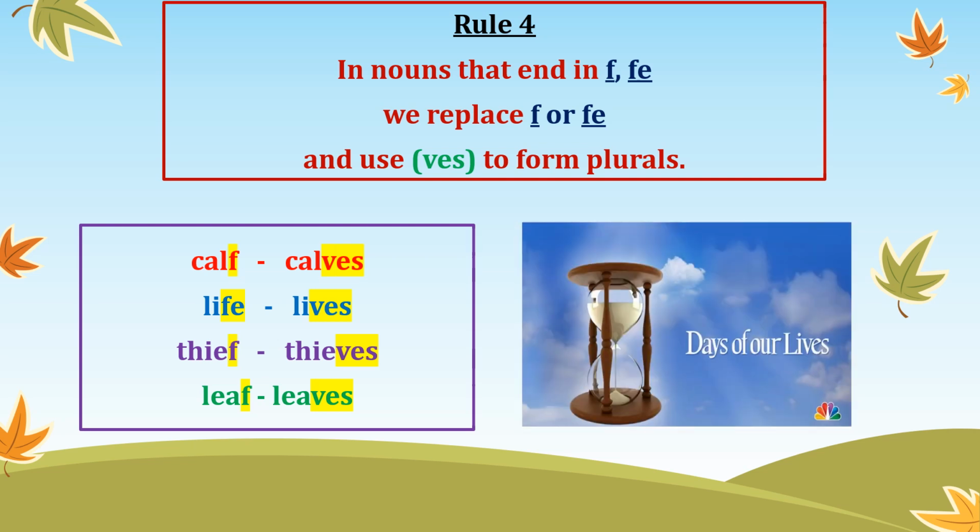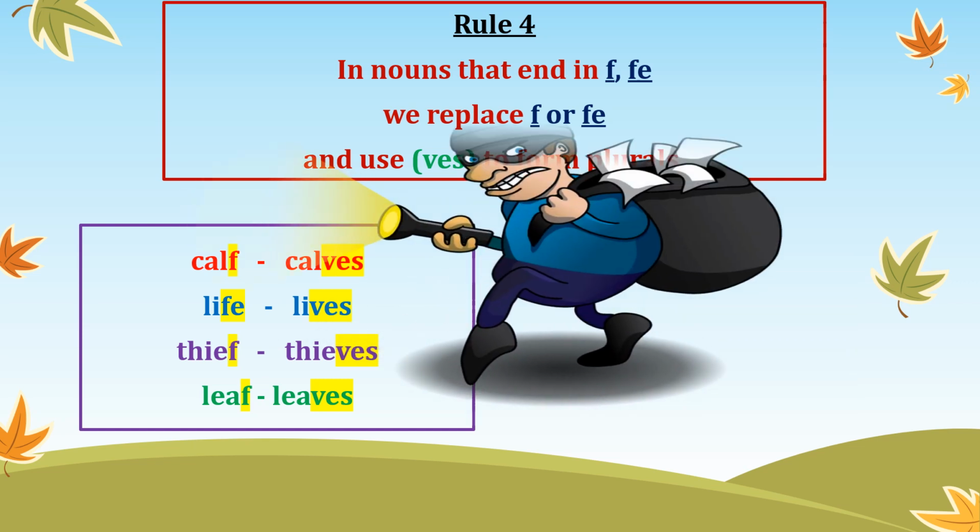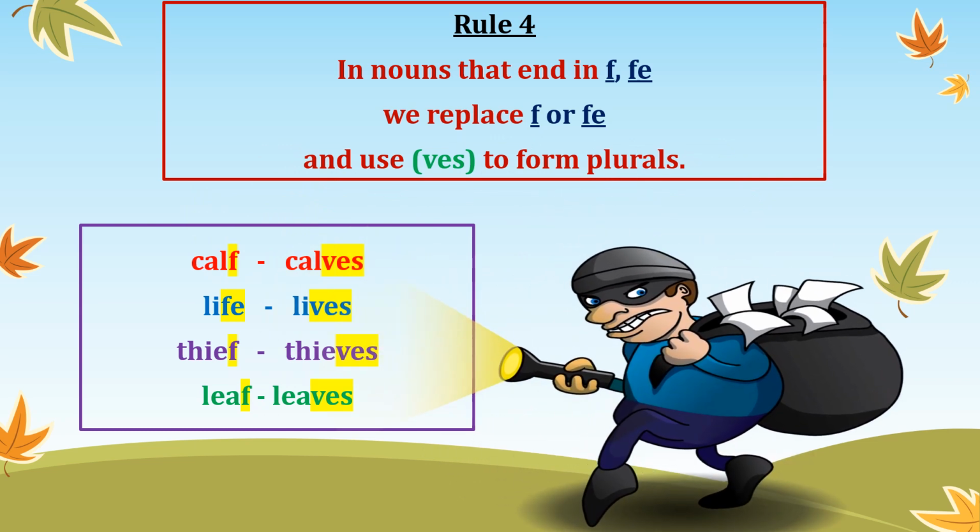The next word is life and this is ending with FE. Simply cut FE and replace it with VES. The next one is thief that ends with F. Cut F and use VES.